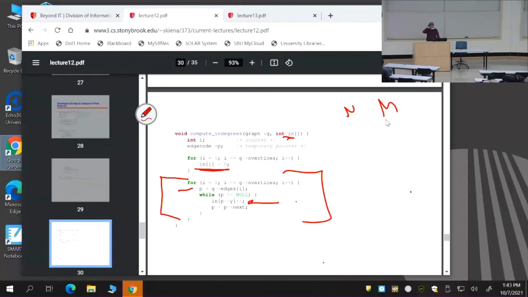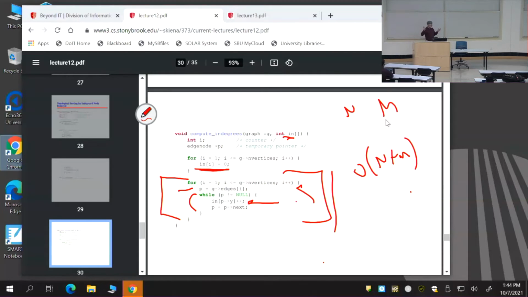What if there were no edges? If the graph was so sparse as to have no edges, this inner loop would never go around, but the outer loop is still going to go around n times. So I'm going to say order n plus m.